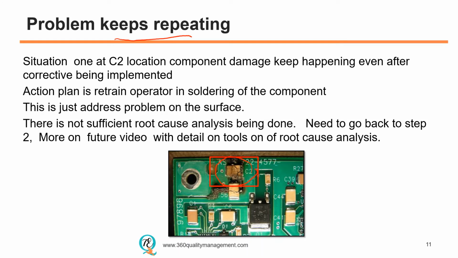The action plan was actually to retrain the operator, because the engineer thinks that the operator is the one that caused the problem. But actually this is just addressing the problem on the surface and there's not sufficient root cause analysis being done. By right, in this situation, you should go back again to step 2 of diagnosing the problem.